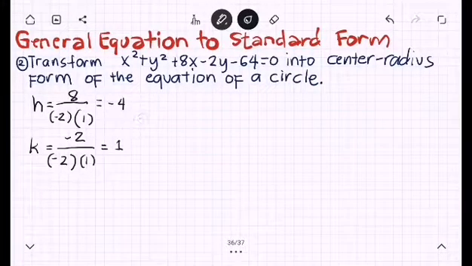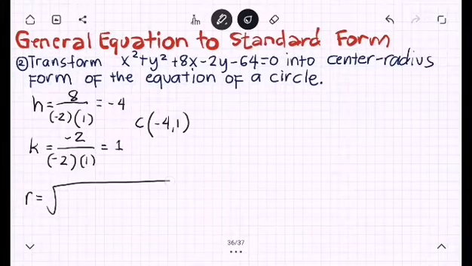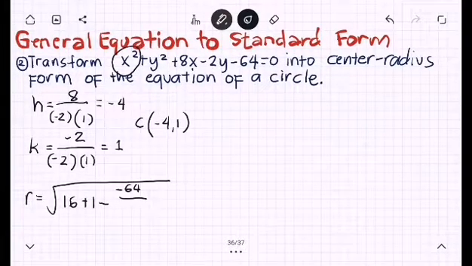Okay, so from here, may center na tayo. So, ang center natin is negative 4, 1. Okay, so for radius, so ang h natin, negative 4, square nyo lang, so that is 16. 1 square, still 1, minus, so ang f natin, yung constant term, negative 64. Ang a natin, coefficient ng x square is 1.